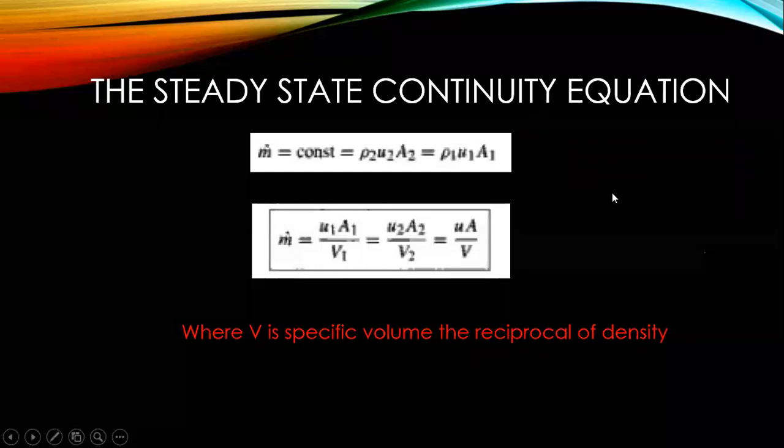Tapos, most of the time, di ba density yung rho 1 at saka rho 2. Pag gases yung problem, doon nagbabago yung density. Hindi naman talaga density yung given sa gases. Ang given sa gases ay specific volume. Ang specific volume ay reciprocal ng density.